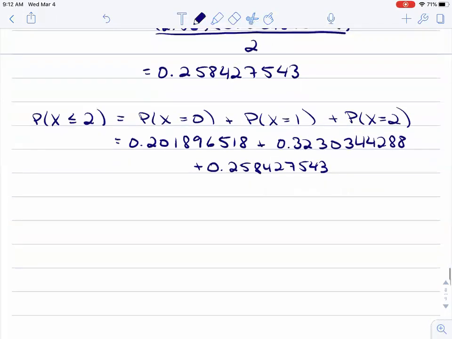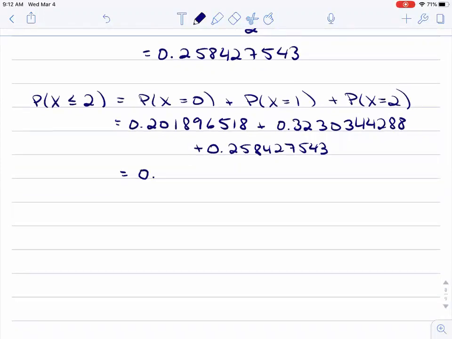So if I add these probabilities, I've got the 0.258, plus 0.32303444288, plus 0.201896518. I get a probability of 0.7833584898, which is pretty large, exactly like I was expecting it to be.